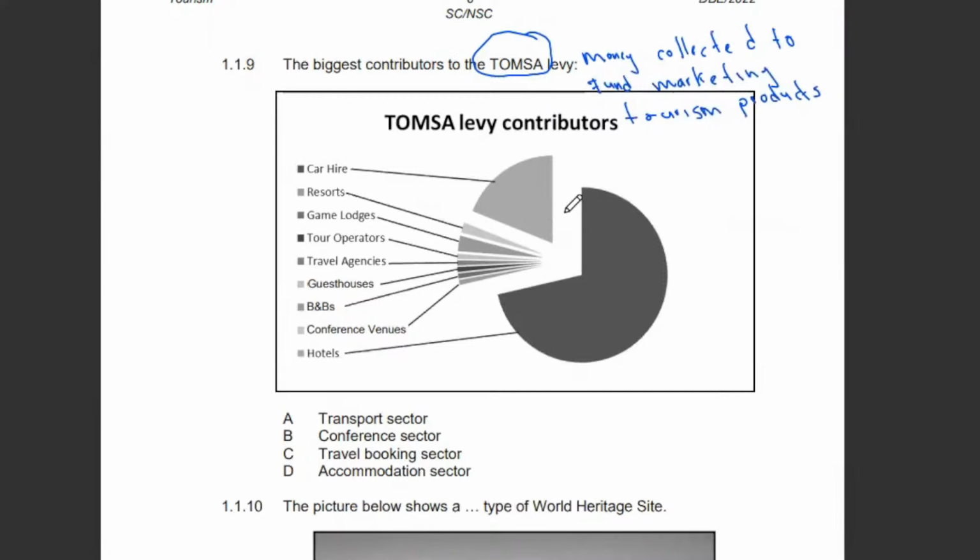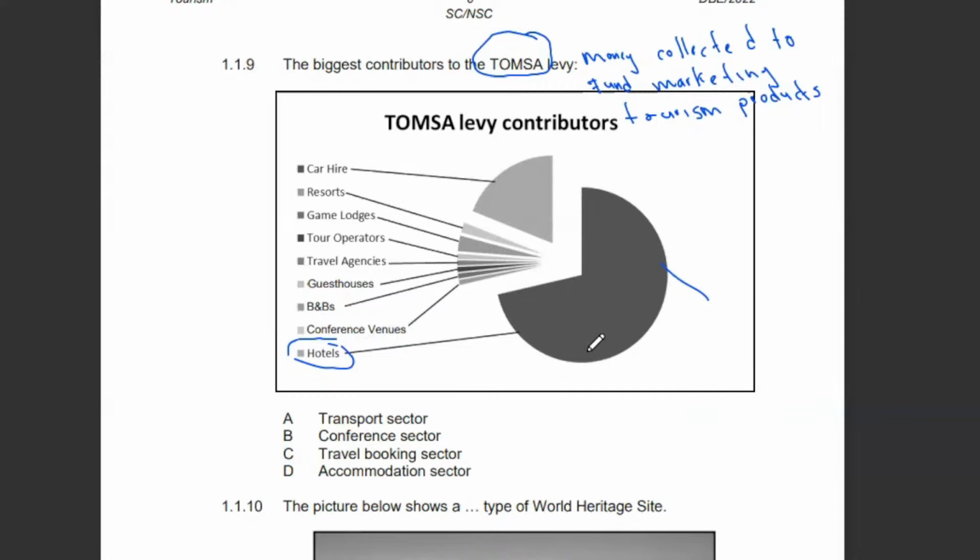Just by merely looking at the picture, you can see that all the other sectors contribute less. They have smaller segments when it comes to Tomsa. But the segment written hotels contributes a significant chunk of the Tomsa levy.